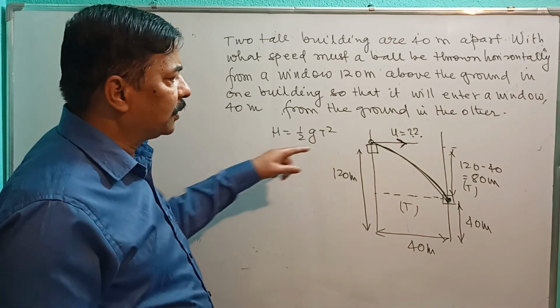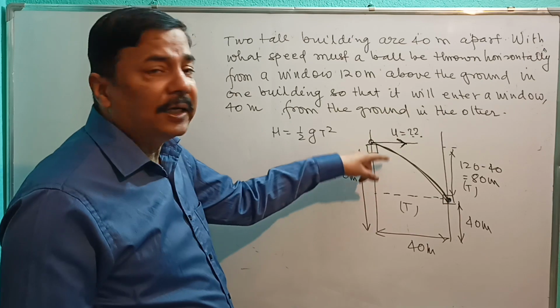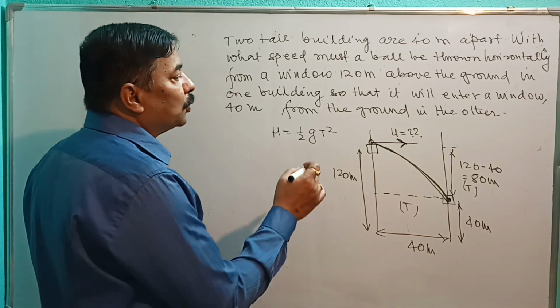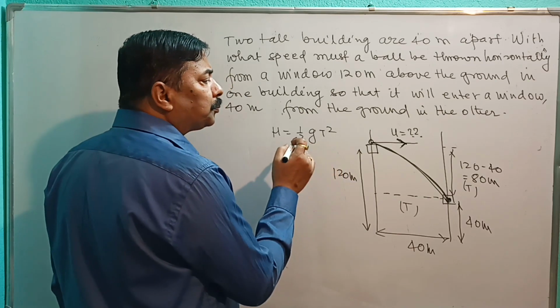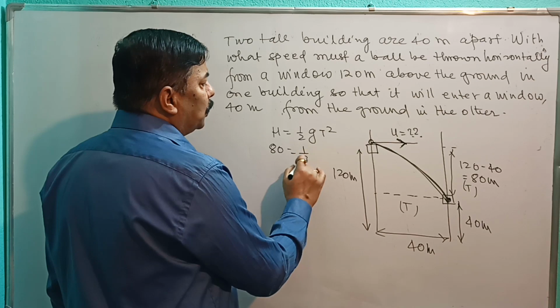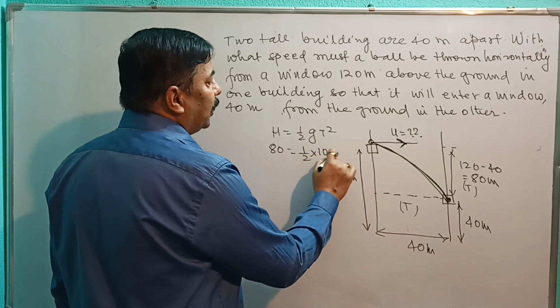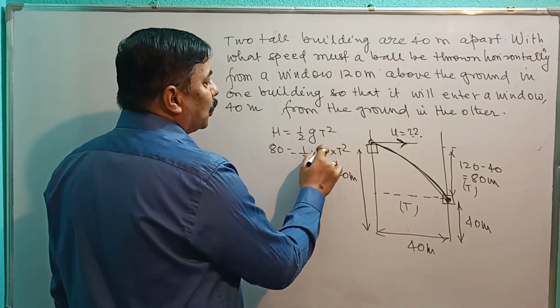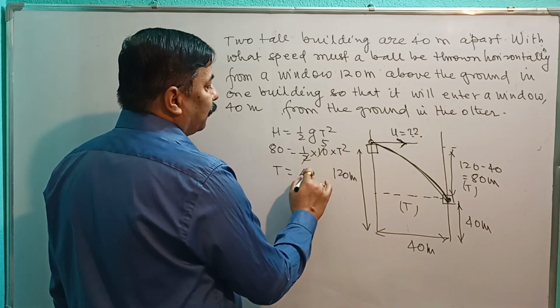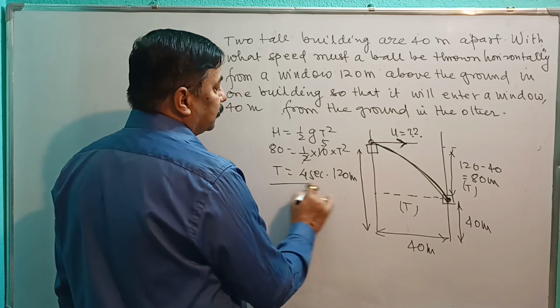Again same concept. Point of projection h is negative, but g is also negative, so it will become positive. So h will become 80, 1 by 2, g is your 10 into t square. So t is equals to 4 seconds you are getting.